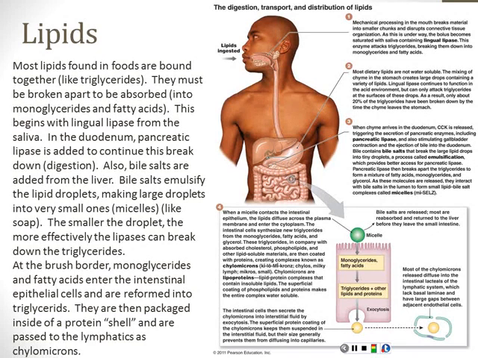So the pancreas releases its lipase into the duodenum, and it is the most important lipase in the whole system. So the pancreas's contribution to fat digestion is critical. If your pancreas is sick, you won't digest fats very well, or at all, because there aren't very many places in the body where lipases are secreted. All right, so pancreatic lipase.